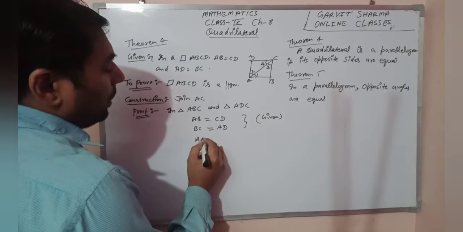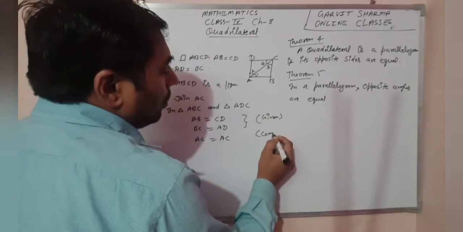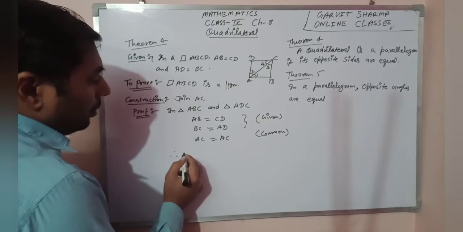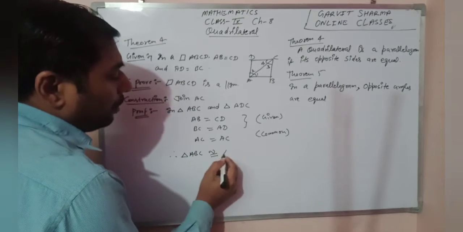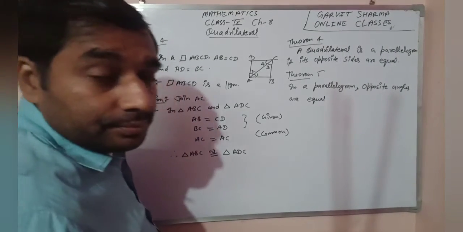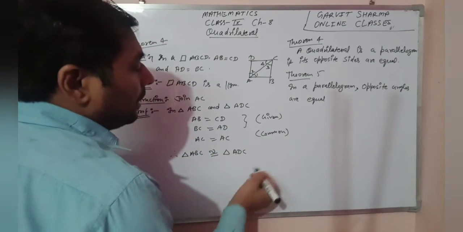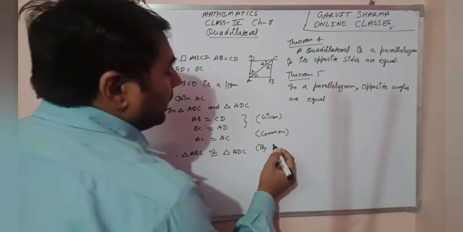AC is equal to AC, which is common. So, triangle ABC will be congruent to triangle ADC. By how? By side criteria, SSS.